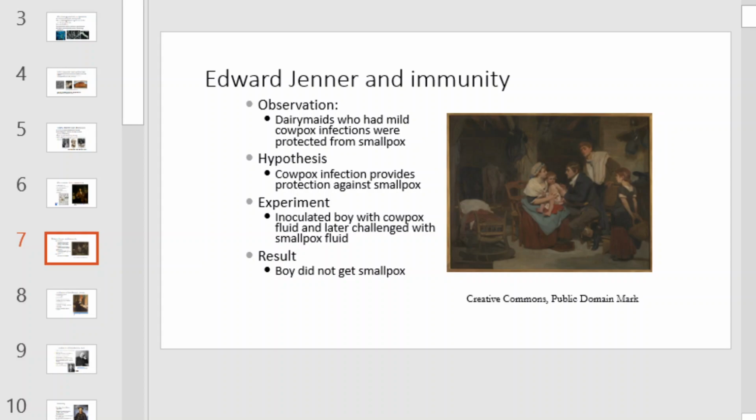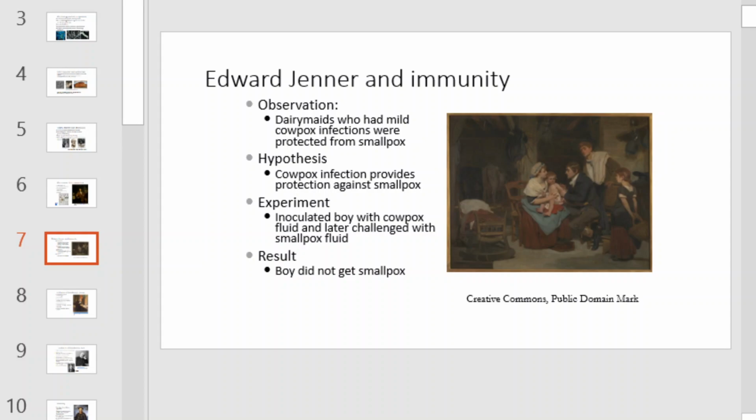Edward Jenner is the first person in history to explore the concept of immunity. In Edward Jenner's time, smallpox was a big problem. Interestingly enough, he noted that in a village near his, dairymaids who had been exposed to cowpox appeared to be protected from smallpox.